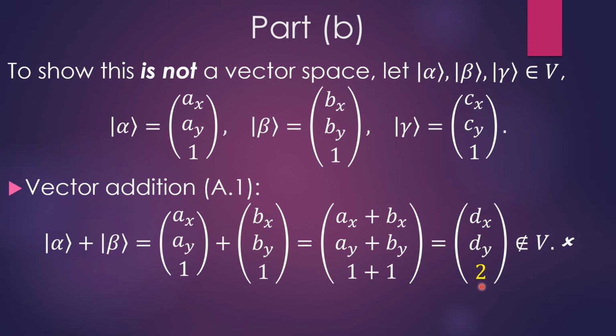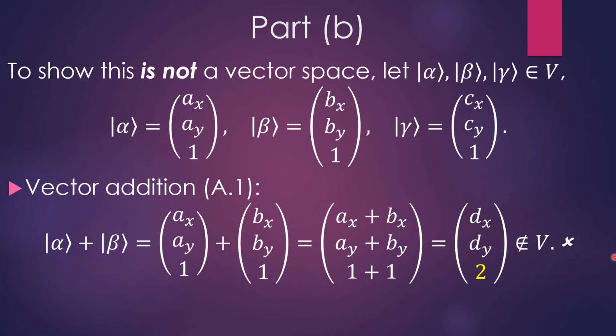So this set of vectors fails to form a vector space due to multiple violations of the vector space axioms. Primarily, the null vector is absent from this set because its last component is 0, not 1. Furthermore, the addition of 2 vectors in this set produces a result with a last component of 2, which falls outside the defined form, violating the closure property, as we see here.